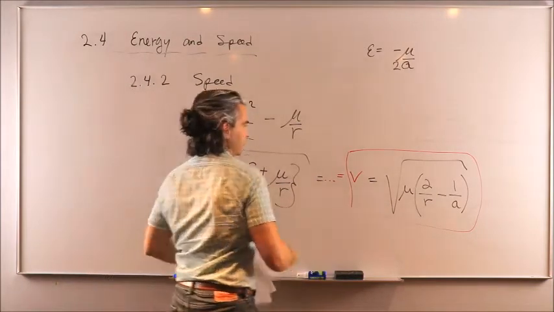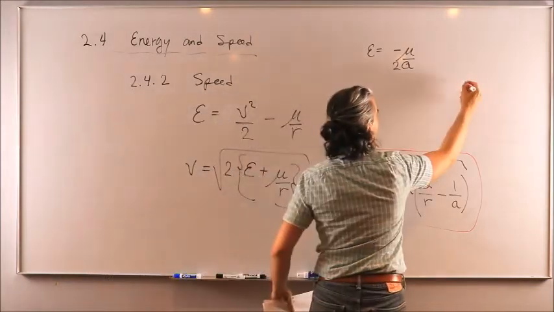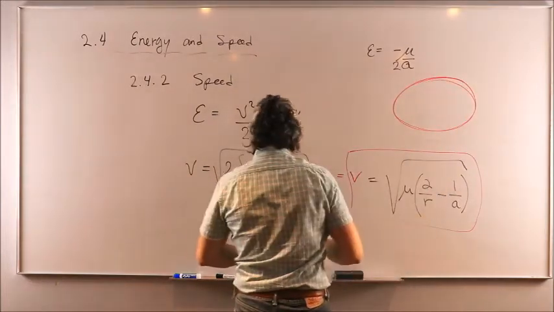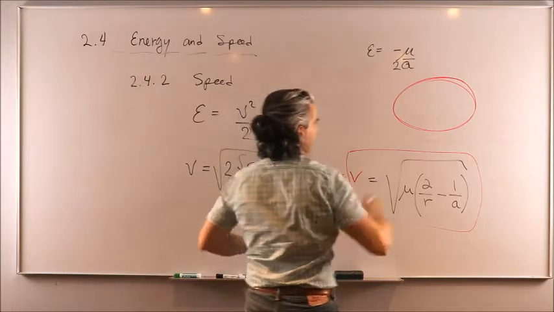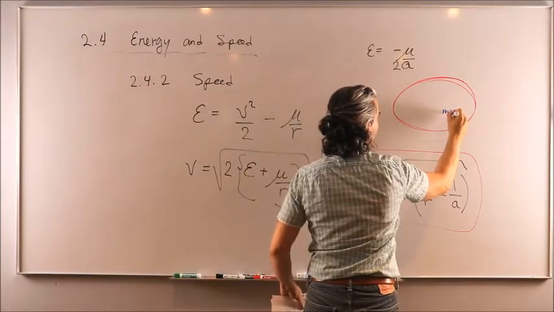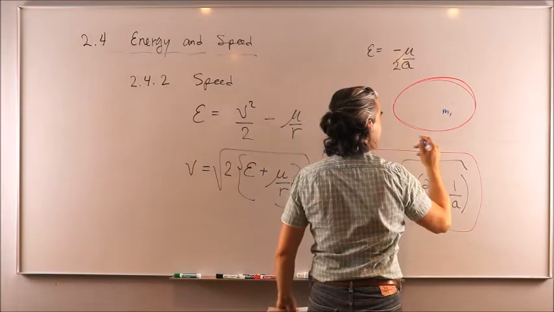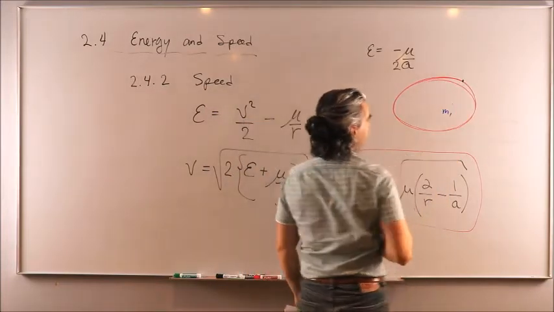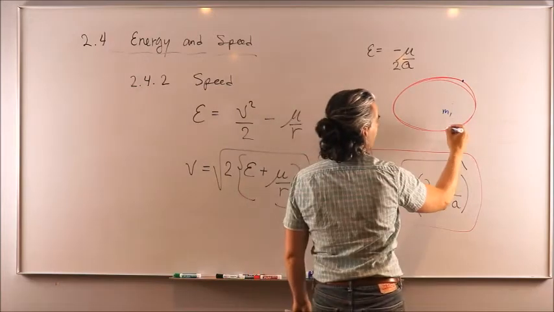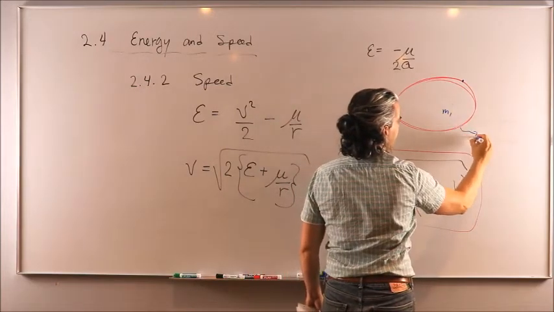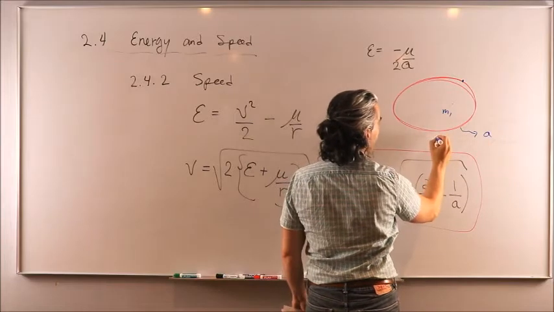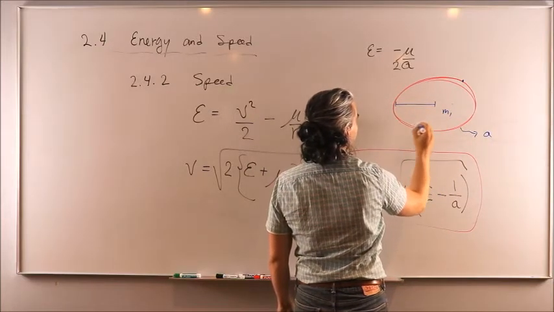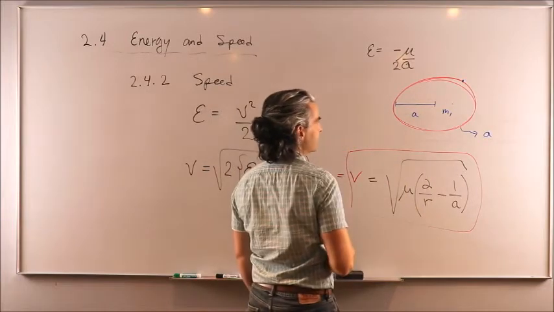Okay? So again, it means that if you have an orbit like this, M1 planet, and say you'd like to determine the speed at that point. Fine. Well, you know the orbit size through its semi-major axis, which is again from the center to either side of the orbit. That's your semi-major axis.